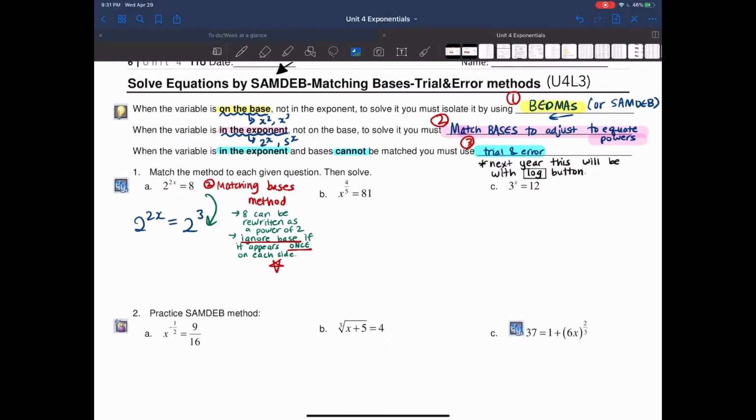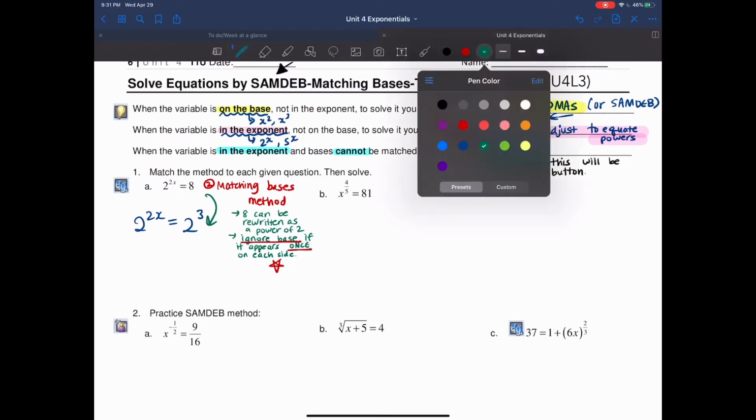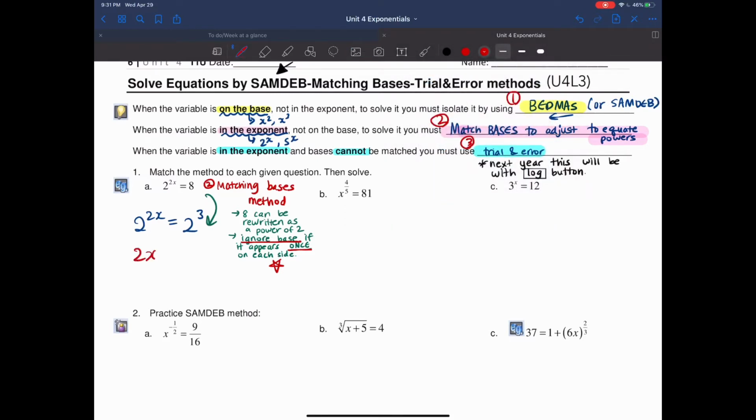So my next line, I will get 2x equals 3. Divide by 2 on both sides so I can get x by itself, and I'll get x equals 3 over 2, like so. And that's my final answer.